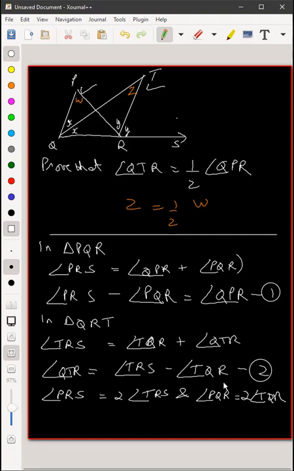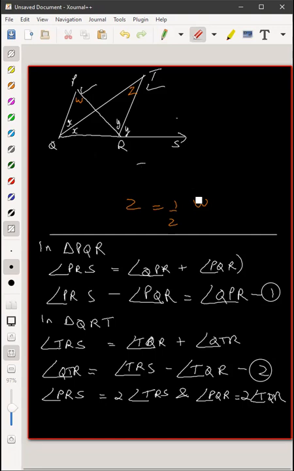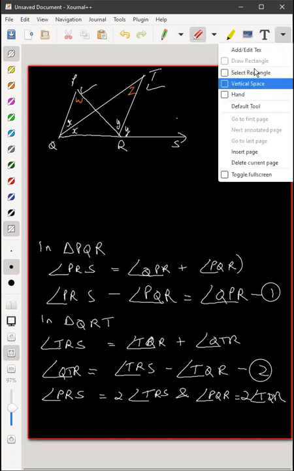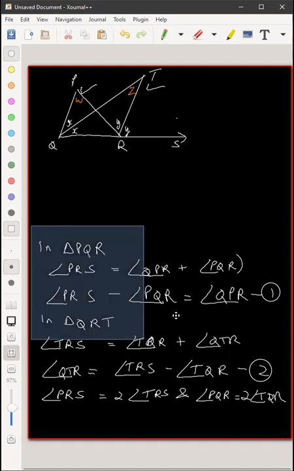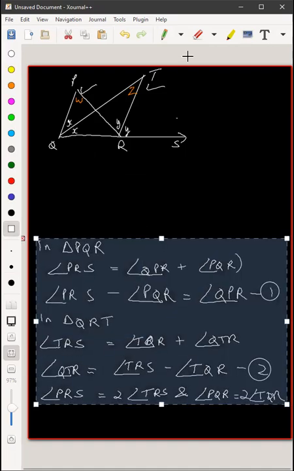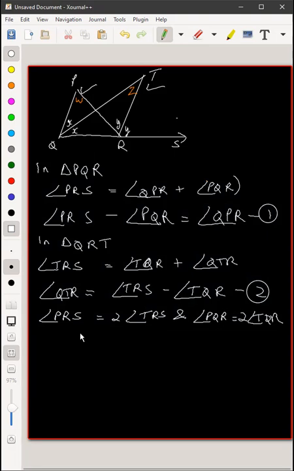Clear so far? Let me just erase this and move this up. If anyone is having a doubt, ask me. So therefore, what do we get over here? Tell me now, what do we do?